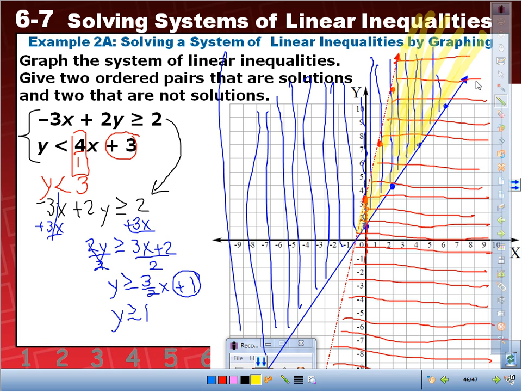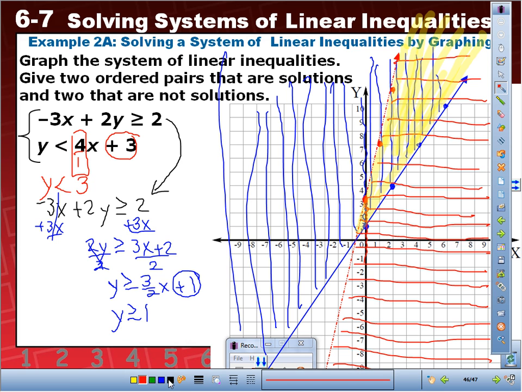All that is called the solution set. So write it in there, solution set, in black or with a pencil. It's up to you. So, what does that mean? What that means is that if I pick any of these points in here, it's going to make both inequalities true. Everybody with me? All right.